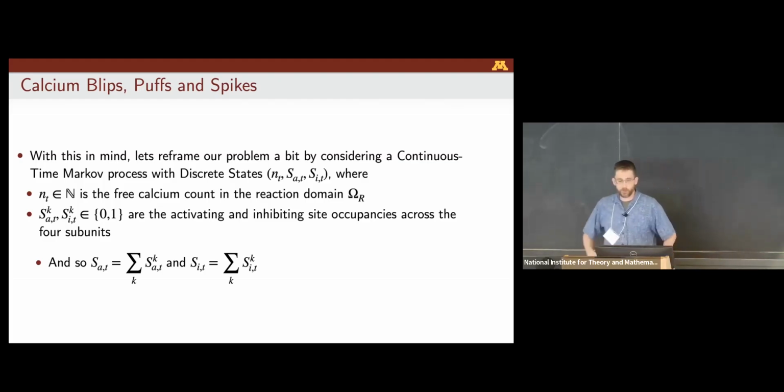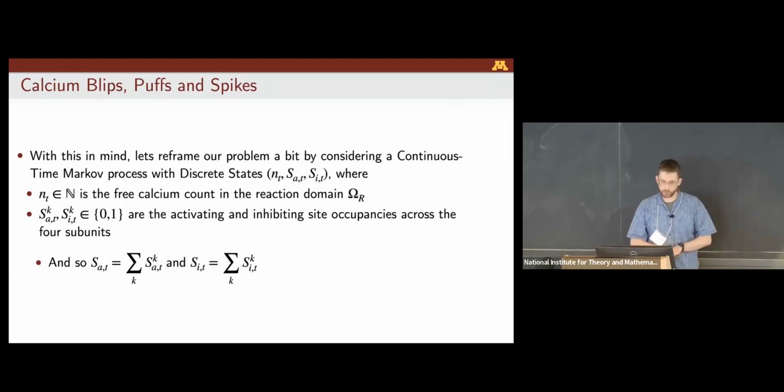So now I'm looking at what's happening in this reaction region, which I'm calling omega R. Calcium can flow in, and once it's there, it can also bind to either the activating or inactivating site. So that's going to be a binary 0, 1. And I can look at the total number of activated sites and the total number of inactivated sites within the reaction region.